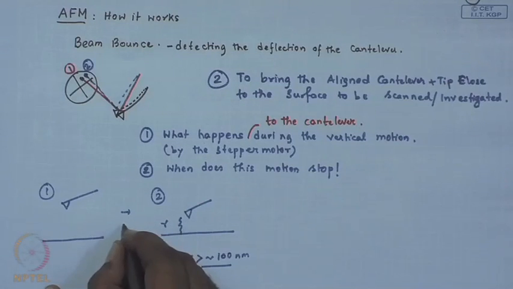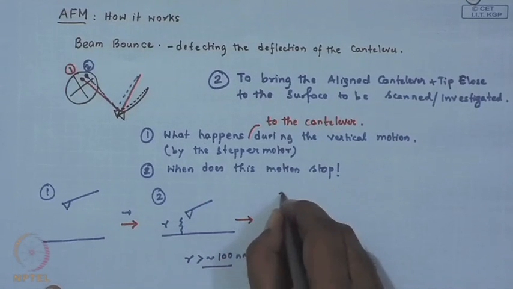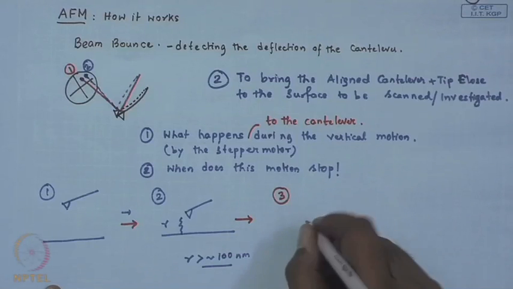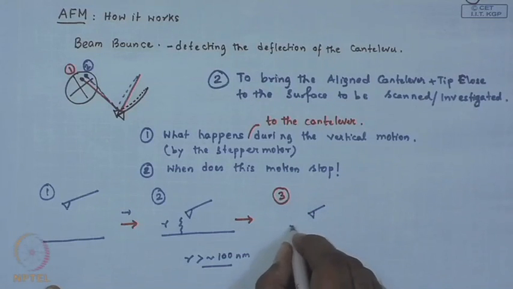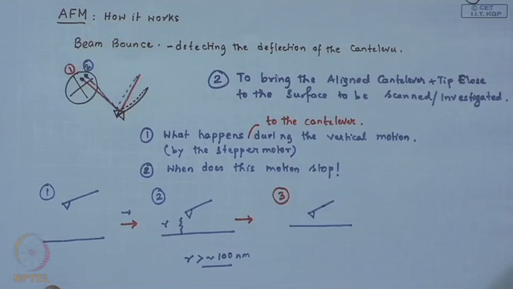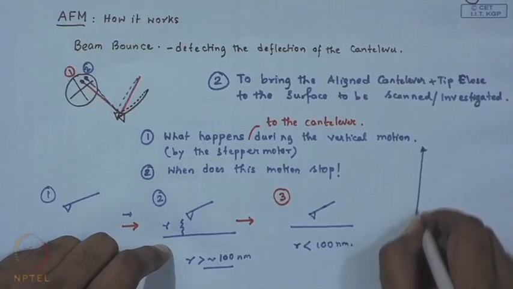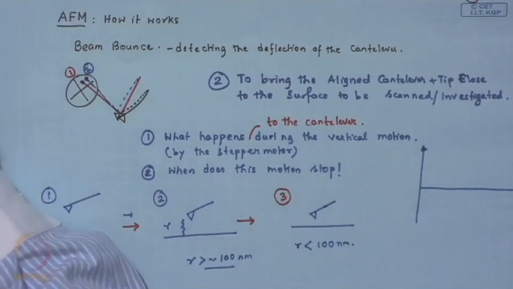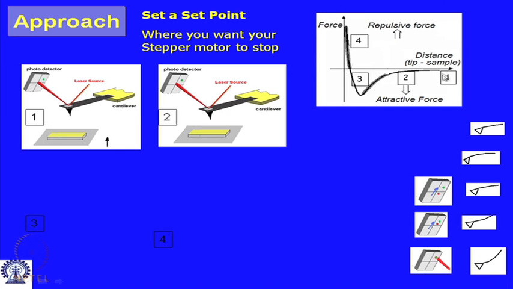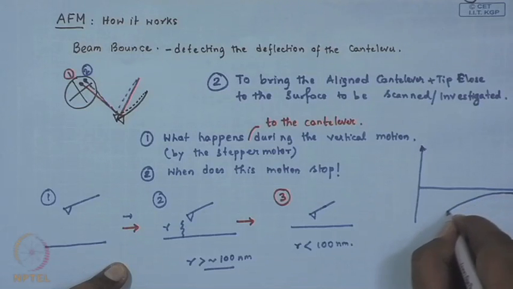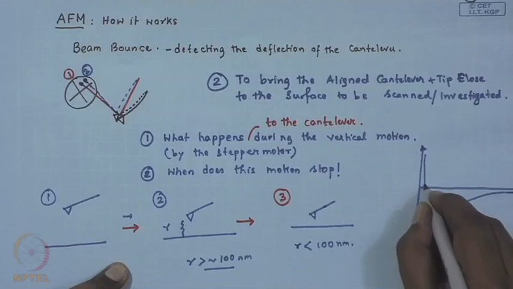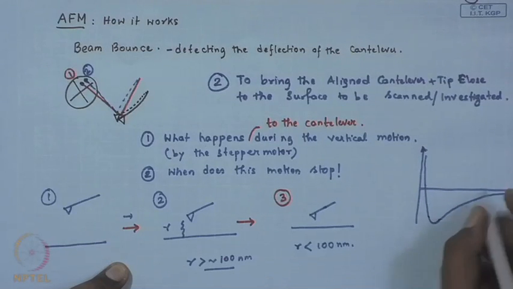But next, when it is even closer, so let us say this separation distance now is less than 100 nanometer. So, what happens? If you remember your potential curve, which is also given here, 1 and 2 had no interaction, but beyond this, this is the generic nature of the potential curve, we already understand this.